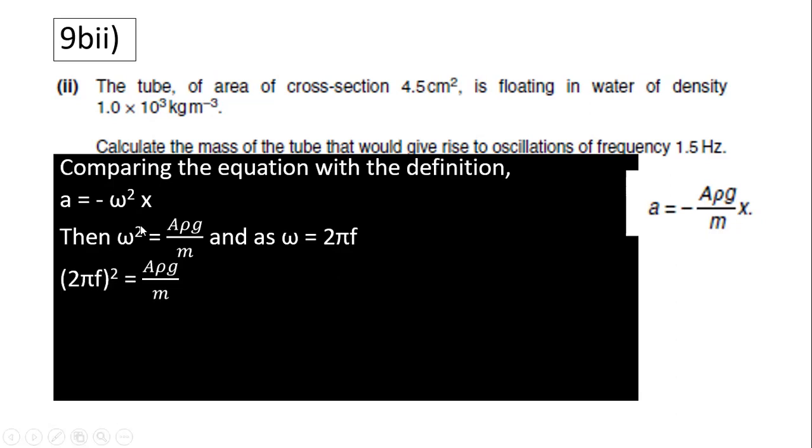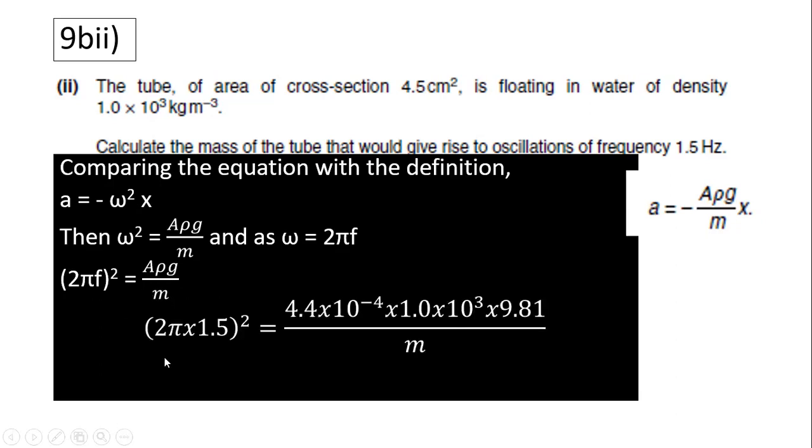Okay. Put your value in for omega, 2 pi f, equal to A rho g over M. Then you want to calculate the mass, M. Cross multiply, put in your value. Put in the value 2 pi f, f is 1.5. A, oh, I'm a bit careless here.